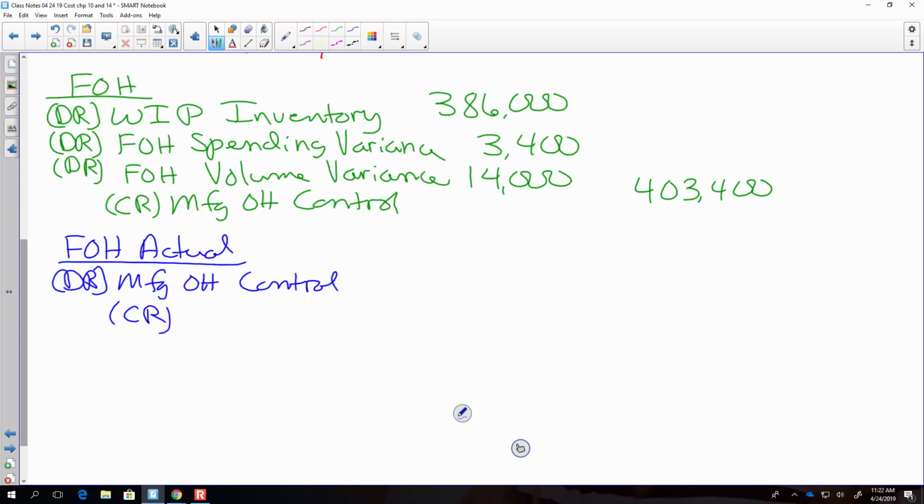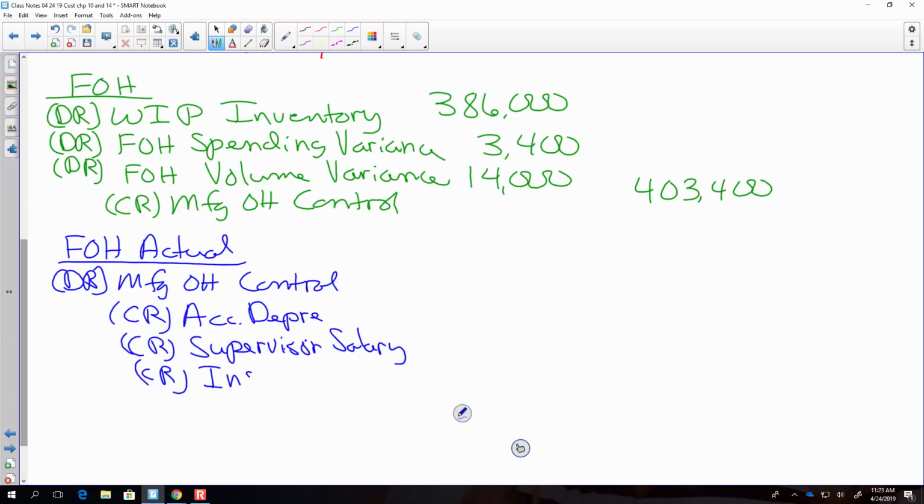The big one here is accumulated depreciation on equipment, on autos, on whatever's in our operation. Maybe we have a supervisor salary, owner salary, draw. Maybe we have here insurance, we talked about some insurance in here, rent in here, leases in here, all payables, right?